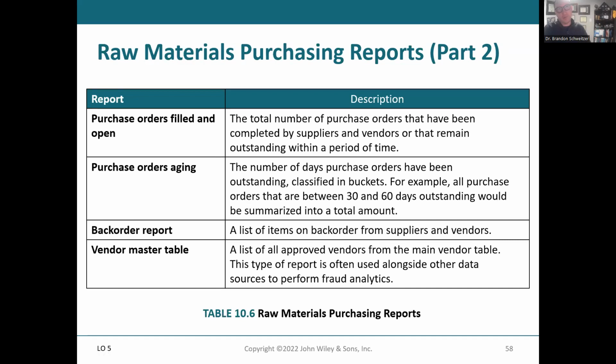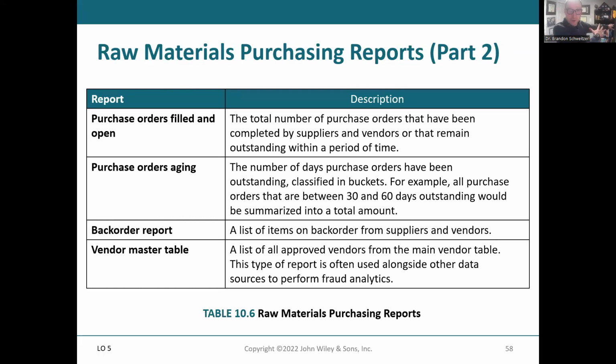When the purchase orders are filled and open, your accounting information system will tell you the purchase order status, if it's been completed, filled, or if it's still open, pending. You can also extrapolate aging data.